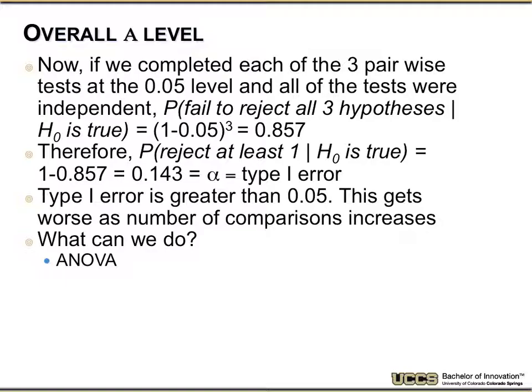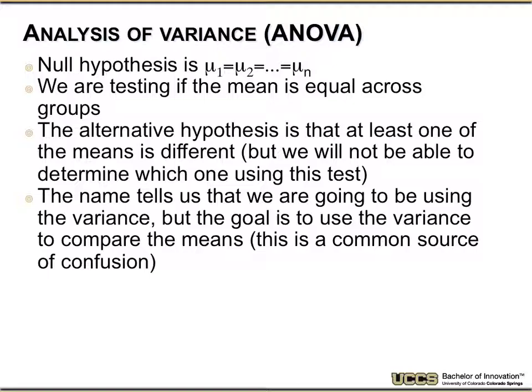So if I'm trying to answer, are all these things the same, which is the null hypothesis, multiple t-tests aren't the best thing. So enter ANOVA, analysis of variance. It's called that because it's really going to look at the null hypothesis that each of these have the same mean.